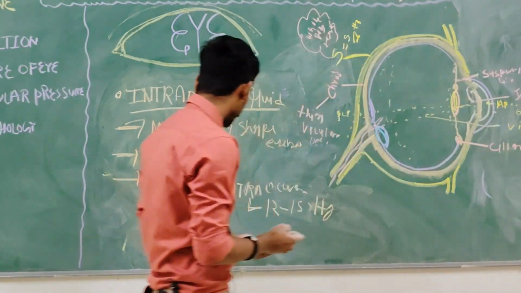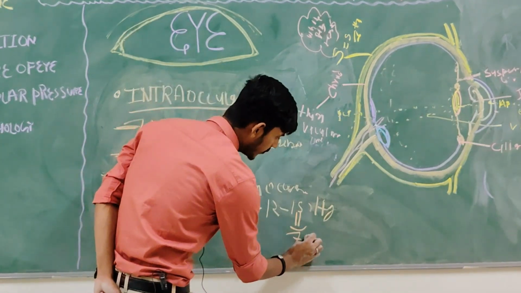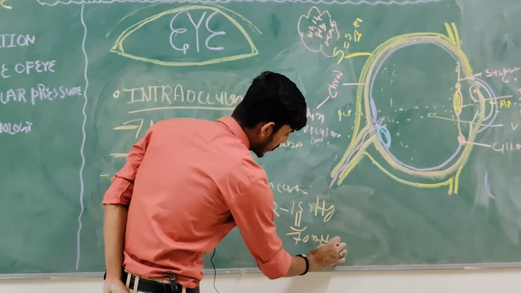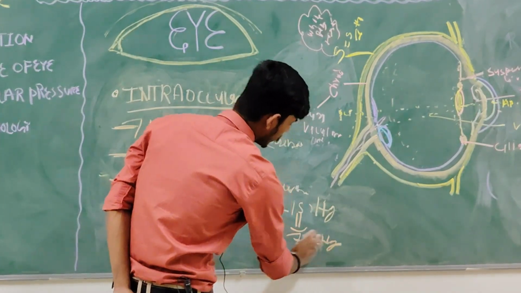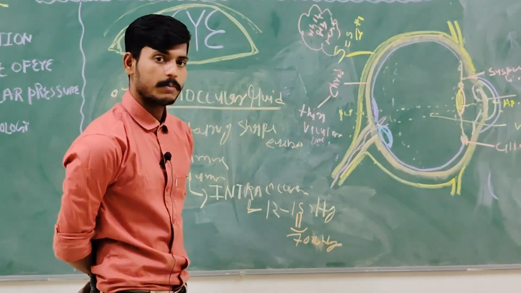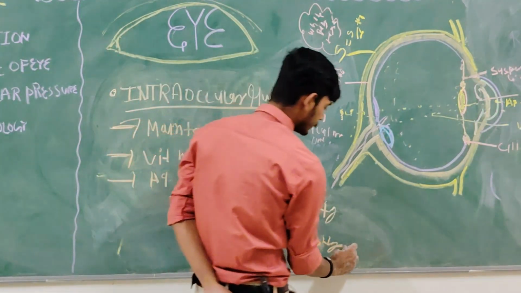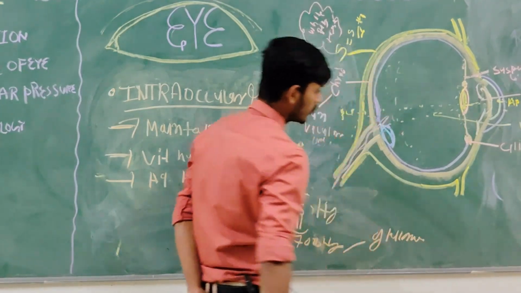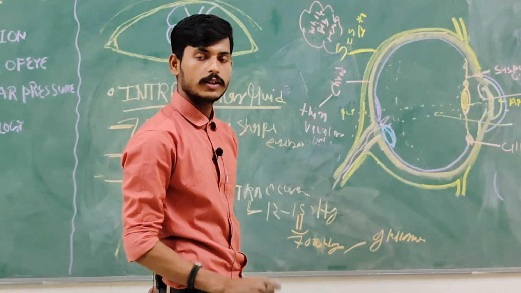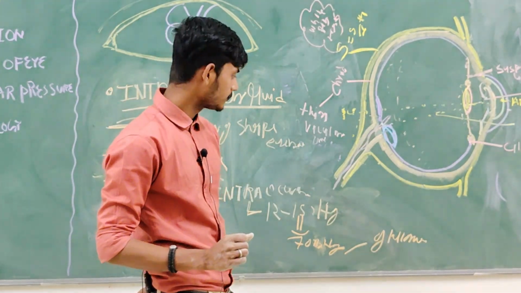But what happens, due to some pathology, when the pressure becomes more than 70 mm Hg, that condition leads to what is called glaucoma.